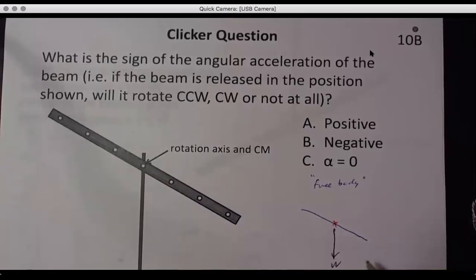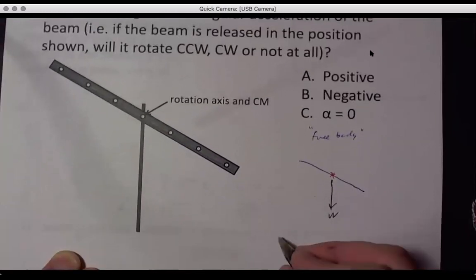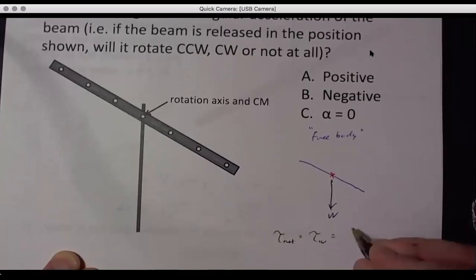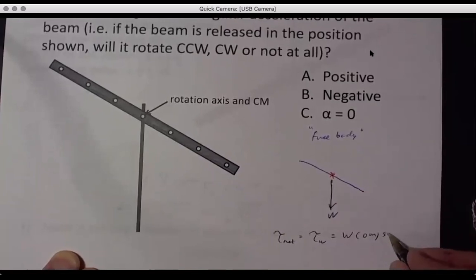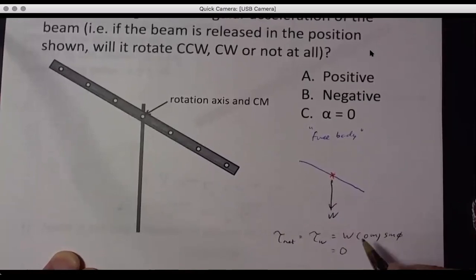And so the net torque is the torque from the weight, which is equal to W times 0 meters, pulling straight down from the axis, times sine of phi, which is of course 0.